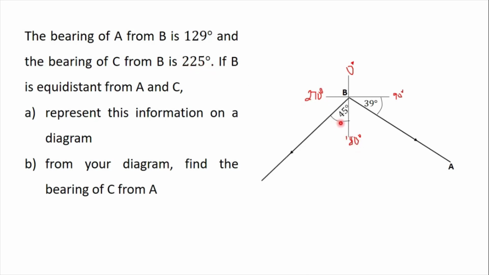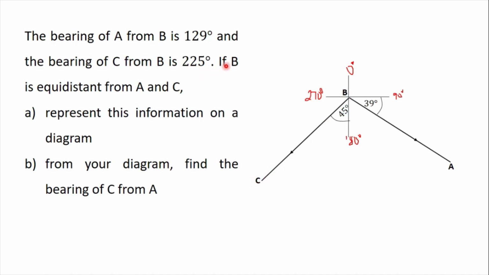And that is 45 degrees. If you still don't understand how we got this 39 degrees and 45 degrees, rewatch the video on 3-point bearings. I explained that in detail there. So here will be 45 degrees, here is 39 degrees. The starting point is B and the ending point is C.